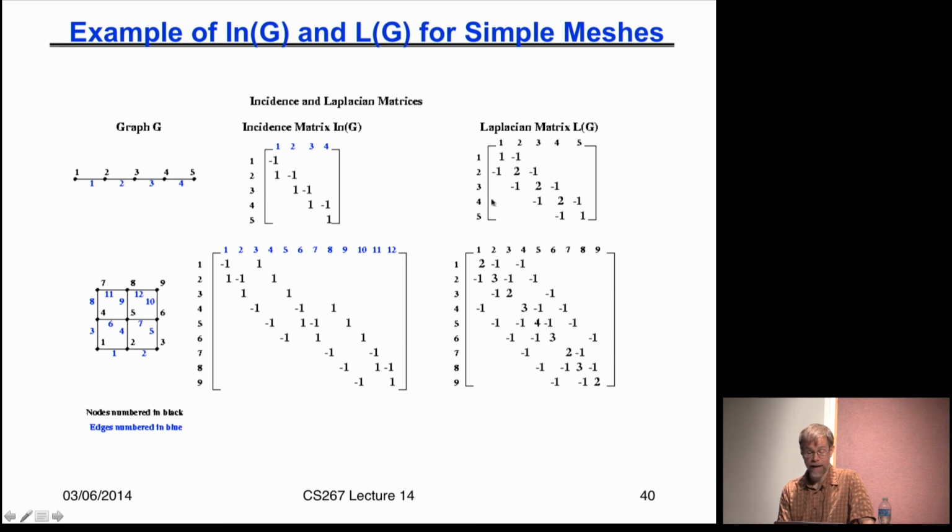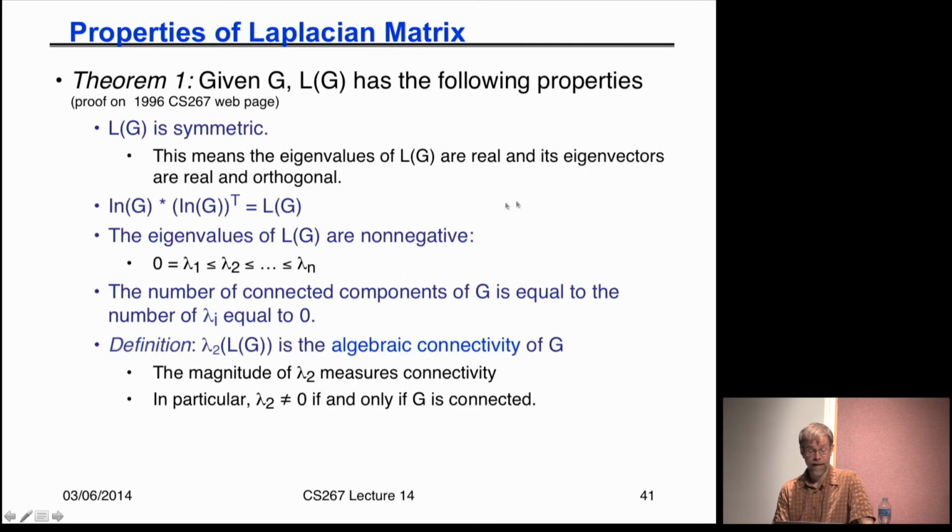That's how many edges are attached to it, and that's exactly what goes in the diagonal there. Now what happens if I take the dot product of the ith row and the jth row to get the ijth entry of the Laplacian? When is the dot product of the ith row and the jth row going to be non-zero? It's when there's a 1 and a -1 in it. That means whether there's an edge. So I'm going to get a -1 exactly when there are edges. So there is that guy.